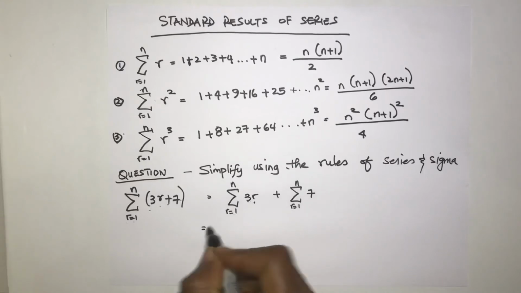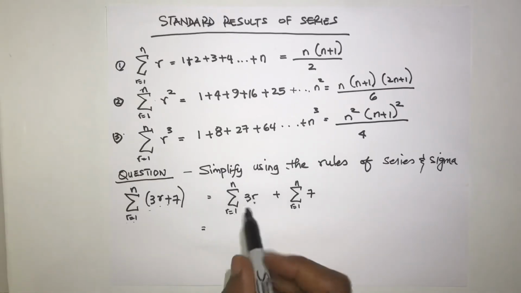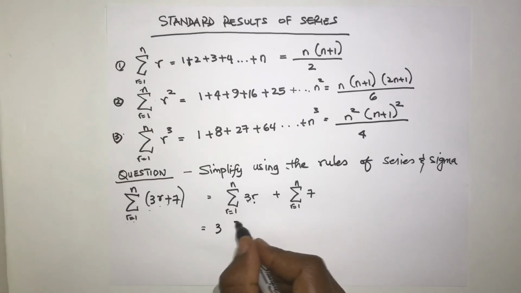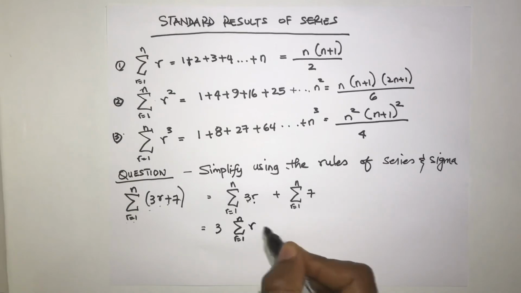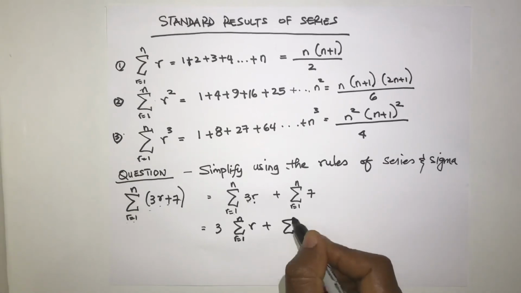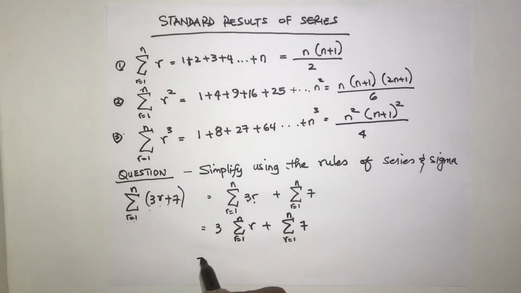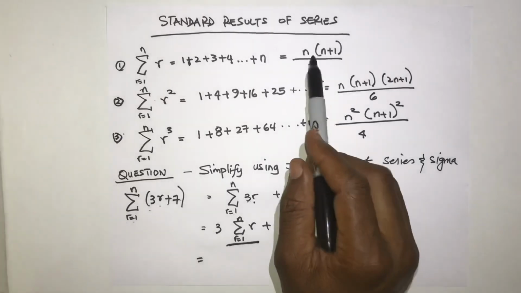So this is the same thing as taking out the constant, which is 3, times the summation of r equals 1 to n of r, plus the summation of r equals 1 to n of 7. Let us look at the standard result of this series. The standard result of this series is actually n.